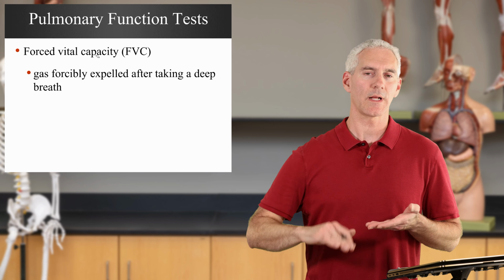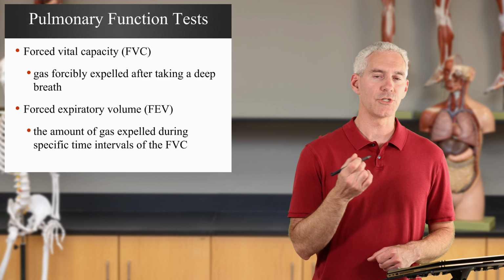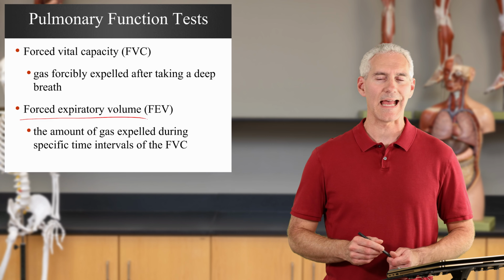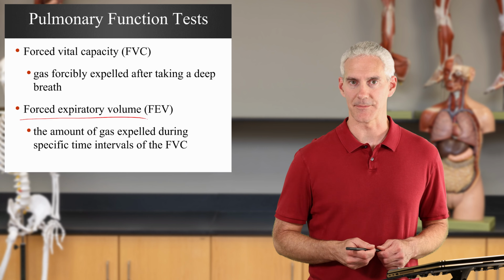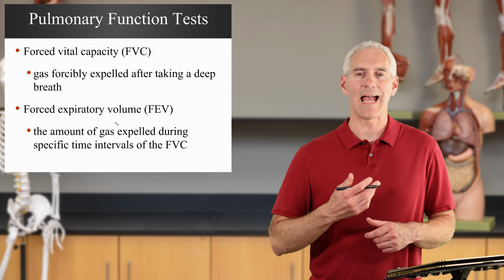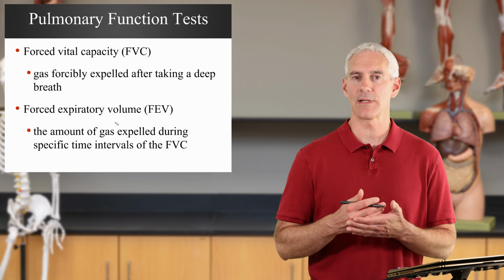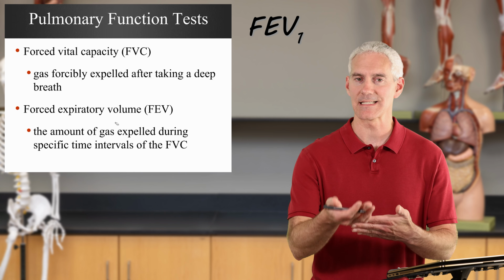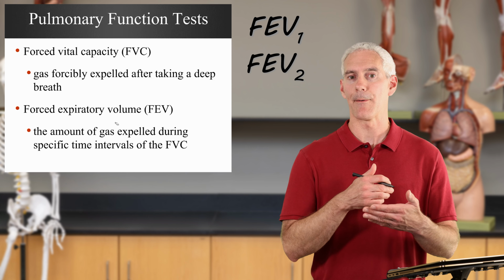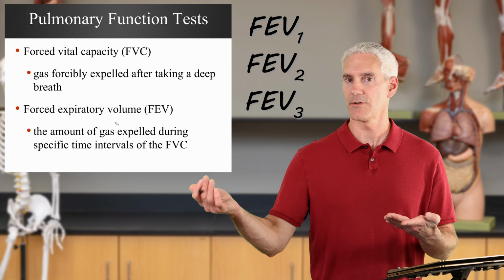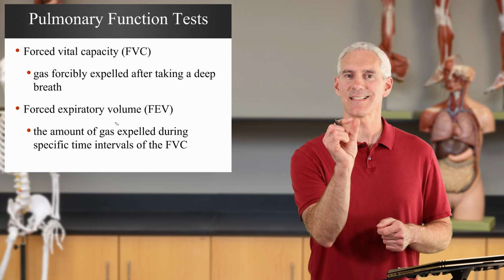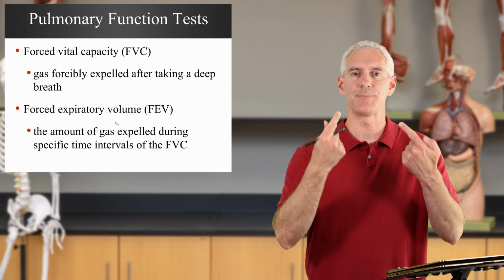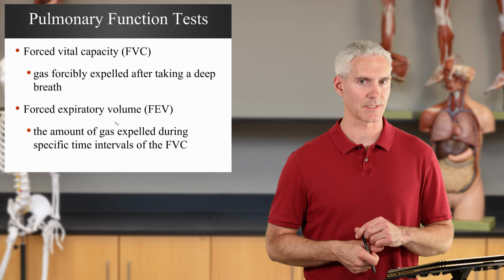But you want to do it as quickly as possible because you're measuring the forced expiratory volume, or FEV. Now the forced expiratory volume is how much air was blown out in the first second, FEV1. How much air was blown out in the second second, FEV2. How much was in the third second, FEV3, and so forth. It looks at each second of how much air is being blown out forcibly out of the lungs.